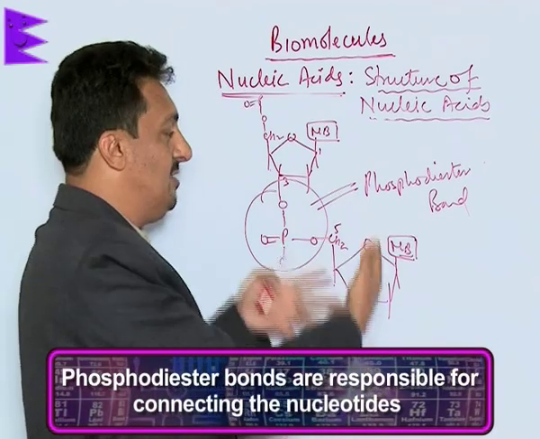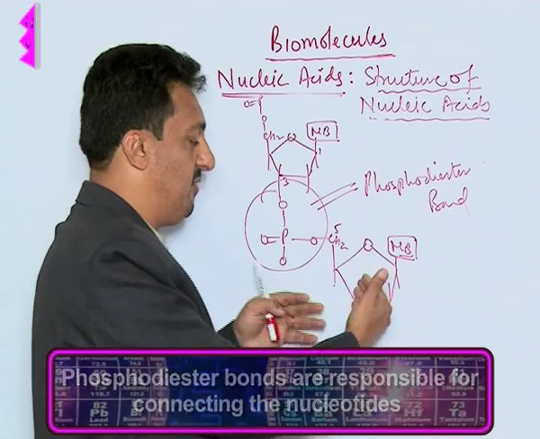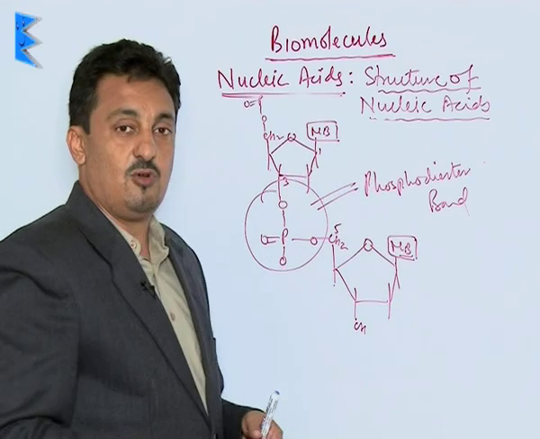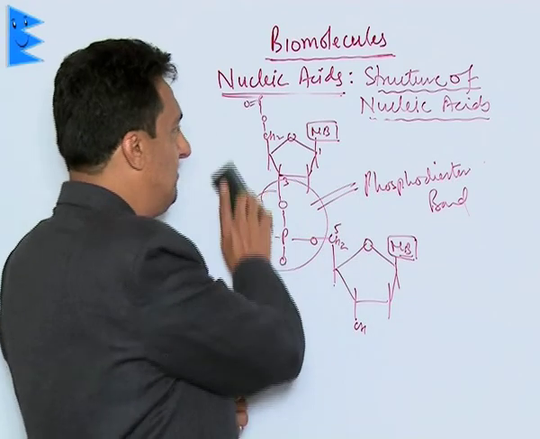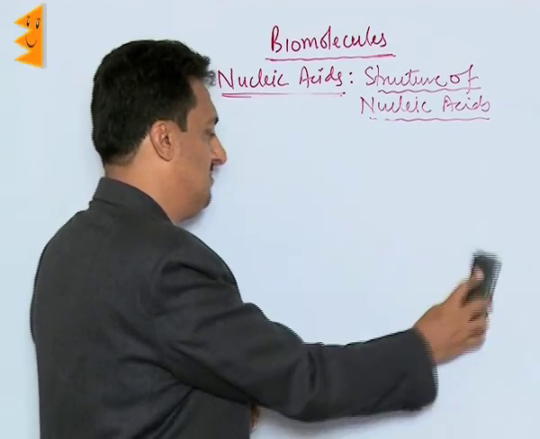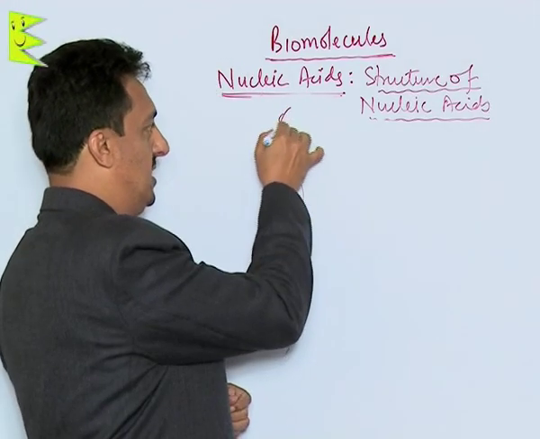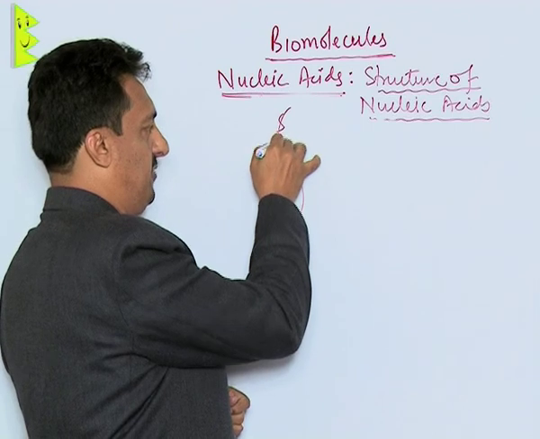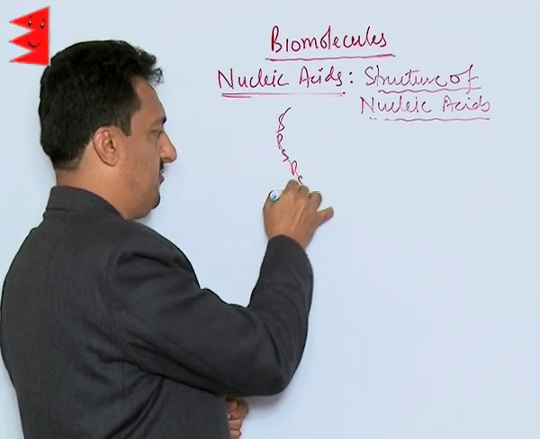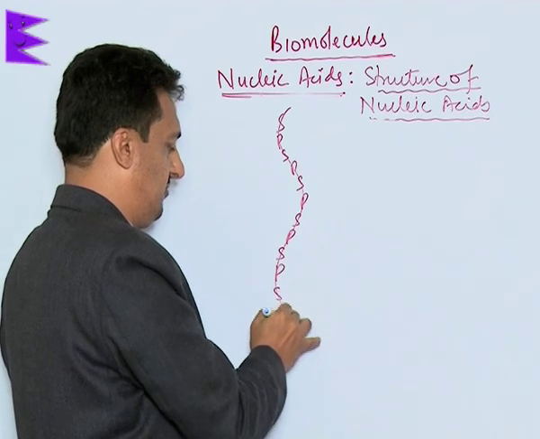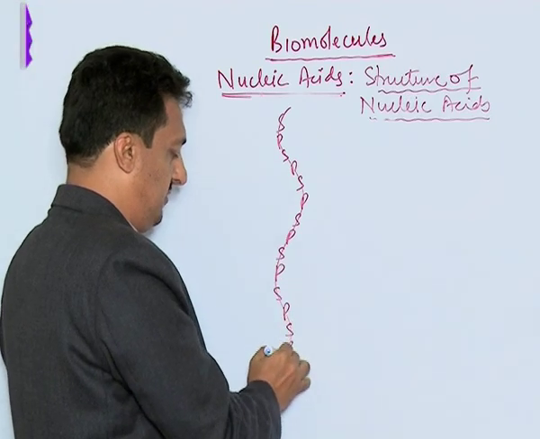Now it becomes dinucleotide. Similarly, one more unit, if it combines, becomes trinucleotide, and slowly the chain is formed which is called polynucleotide, which can be described in a very simple manner like this. So this is the sugar. We have phosphoric acid, sugar, phosphoric acid, sugar, and so on.